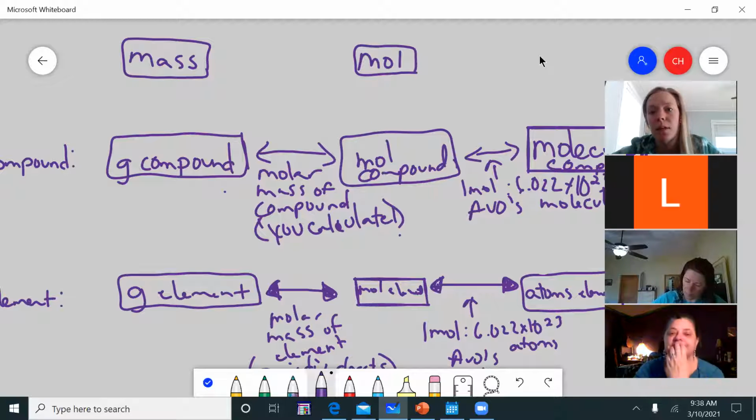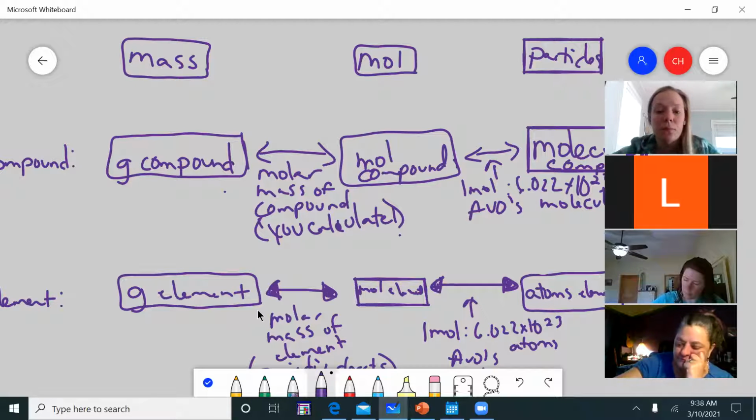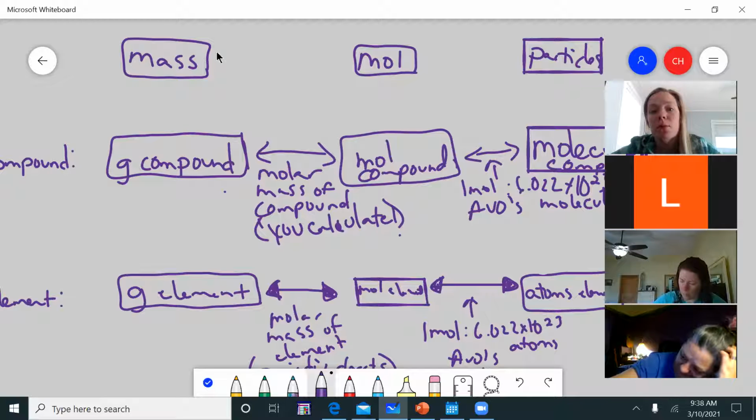And this over here is talking about particles. So we've got sort of 6 quadrants. Anytime we're going from particles to moles, doesn't matter if it's a compound or an element, we use Avogadro's number.